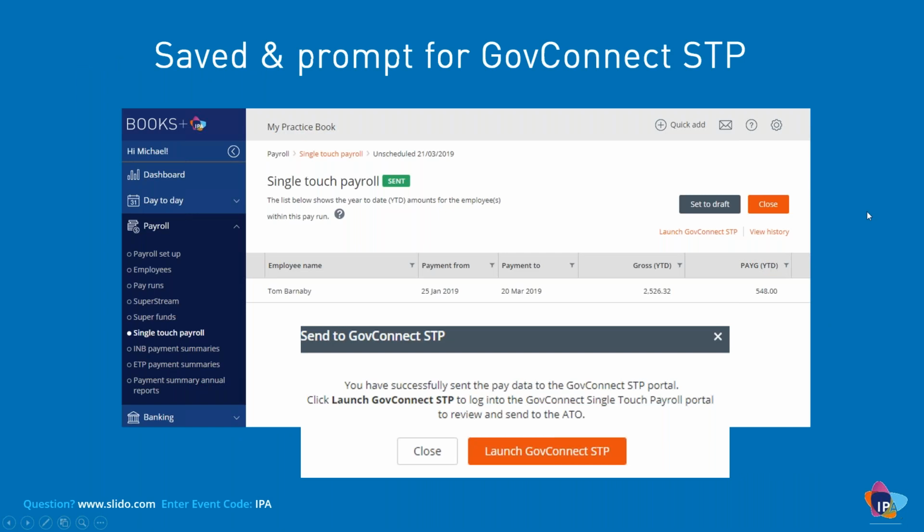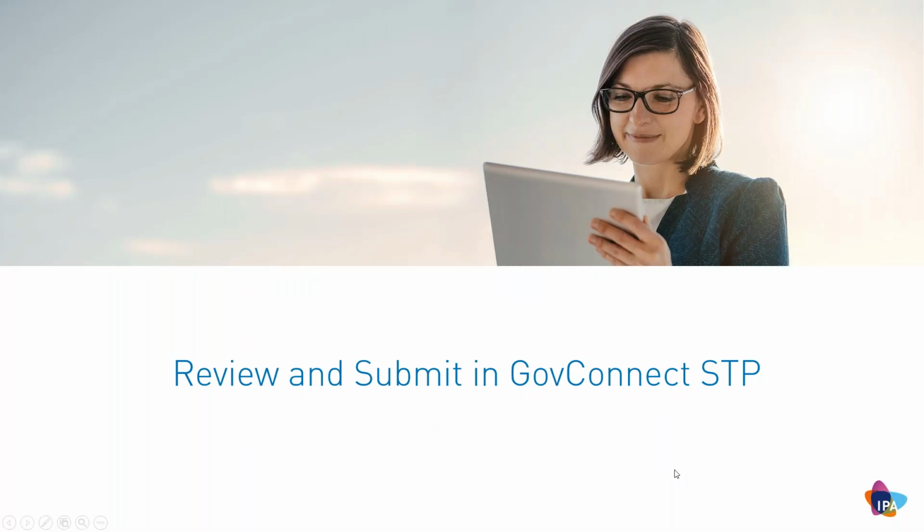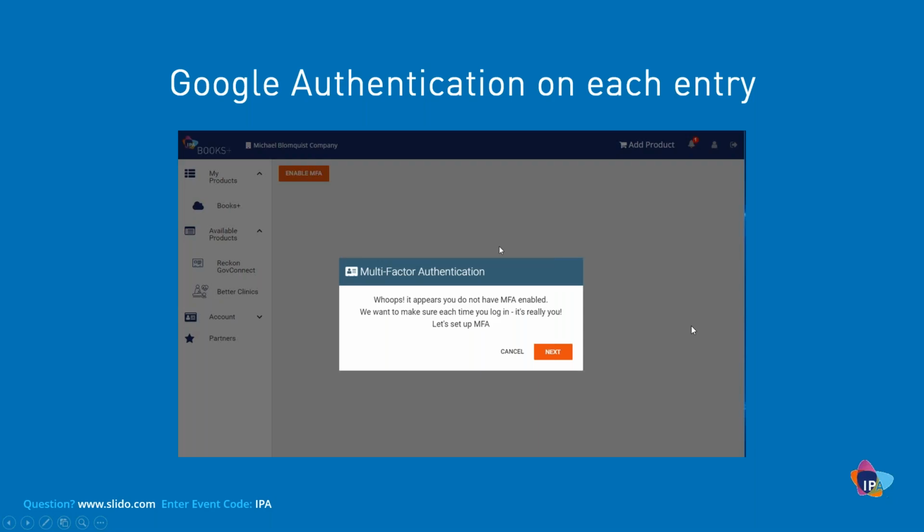Okay, so when you do click on Send to GovConnect STP, you'll get a success message and an offer to just launch GovConnect STP straight away. So that completes all the actions you need to do inside the Books Plus software, and by clicking on Launch GovConnect STP, you'll start the final process, and GovConnect will launch for you.